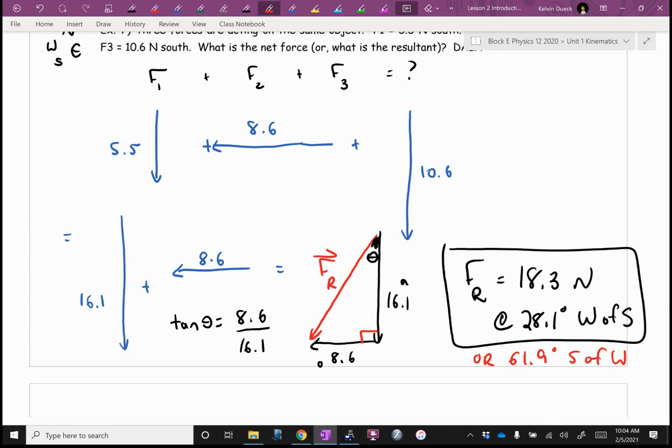Or if you drew the 8.6 first and then the 16.1, you would get 61.9 degrees south of west. Same answer. That all right? How many got that? Okay.